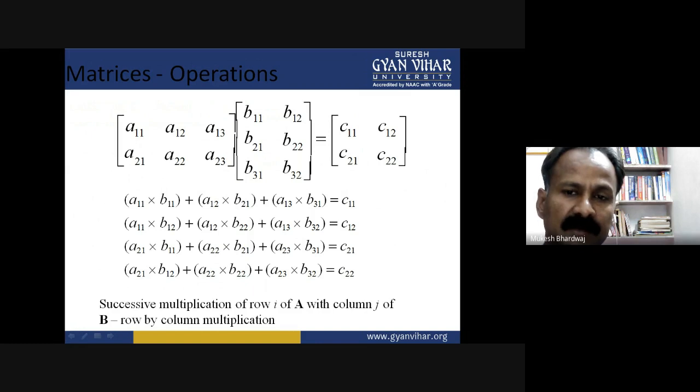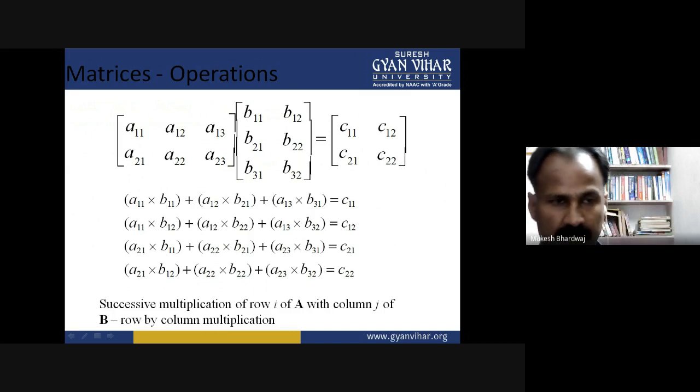Now, matrix multiplication operation. Two matrices are multiplied. How can the matrix multiplication be done? First, we need to check whether the multiplication can be possible or not.